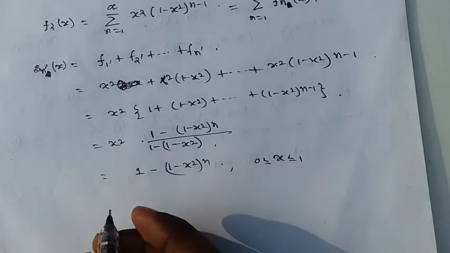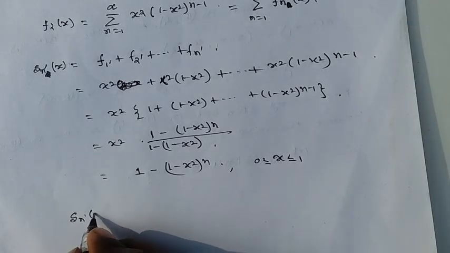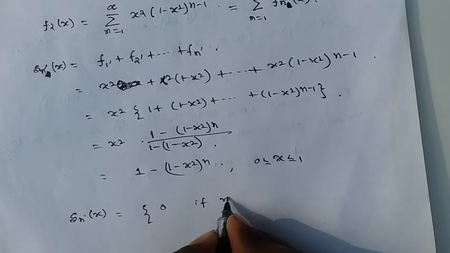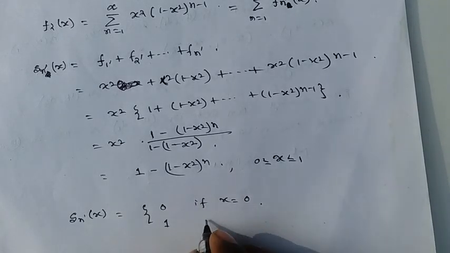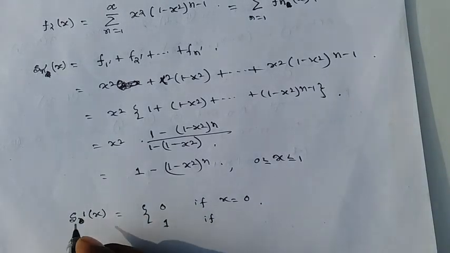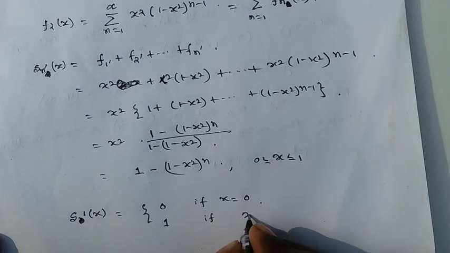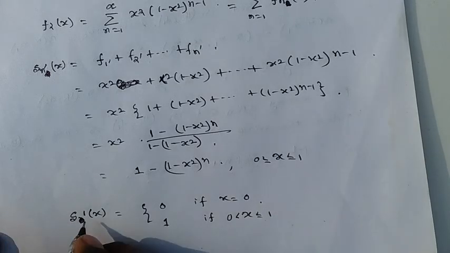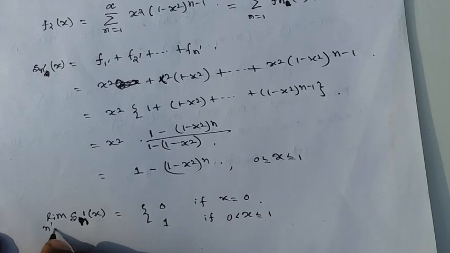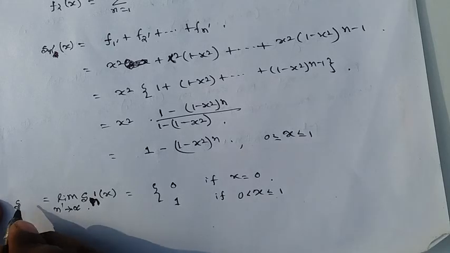Now friends, you see that Sn(x) is equal to 0 if x equal to 0, and this is 1 if x is greater than 0 and less than or equal to 1. Call the limit S(x).